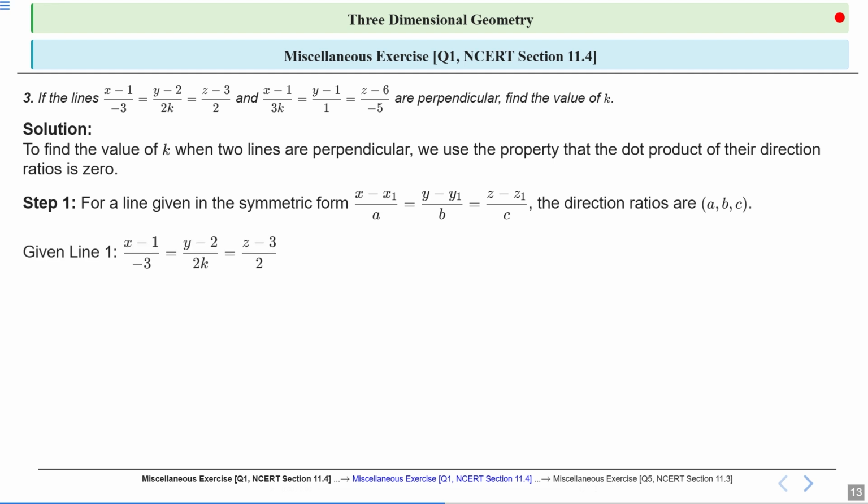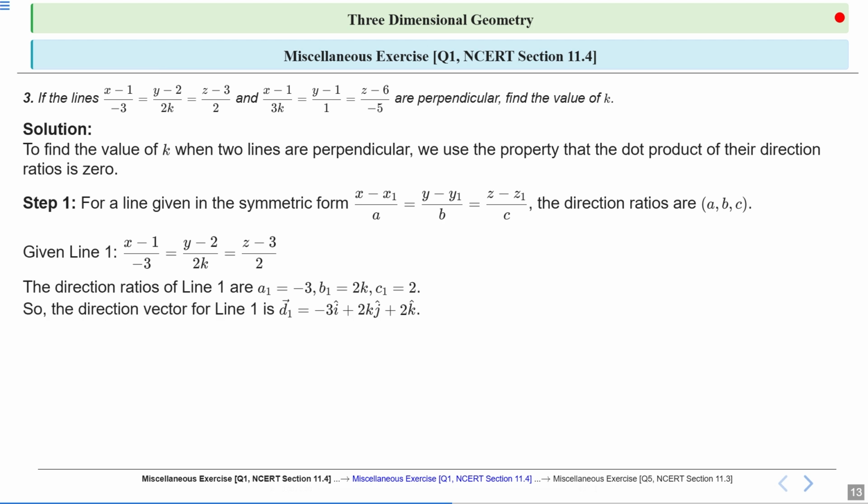Given line 1, x minus 1 upon minus 3 is equal to y minus 2 upon 2k is equal to z minus 3 upon 2, the direction ratios are a1 is equal to minus 3, b1 is equal to 2k and c1 is equal to 2. So, the direction vector for line 1 is d1 vector equal to minus 3 i cap plus 2k j cap plus 2 k cap, right?